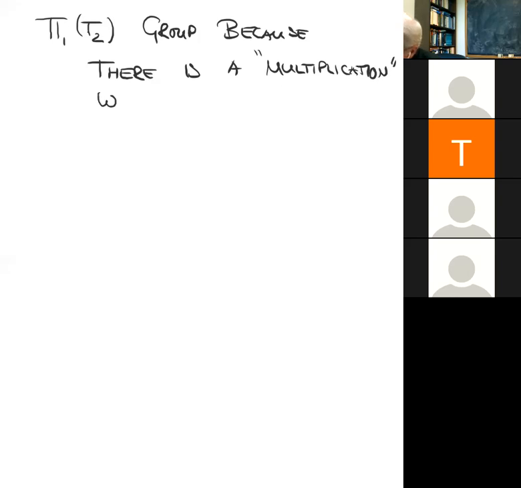And this multiplication has an identity and an inverse.